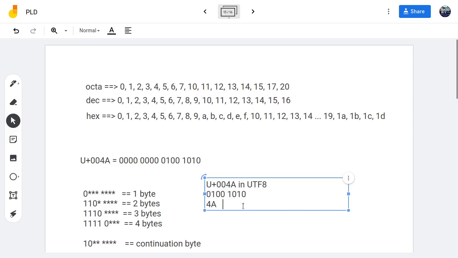ChatGPT gave us something like 0x. Let me put it down here. This is 4. And this is A. So ChatGPT gave us 0x4A. So that's correct.